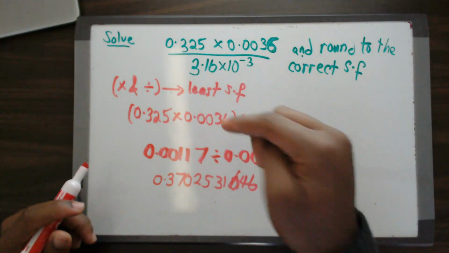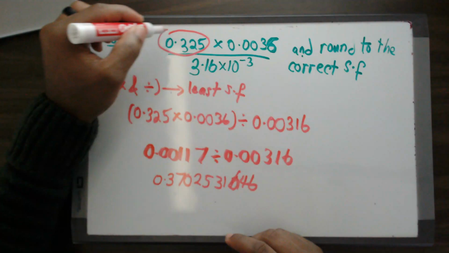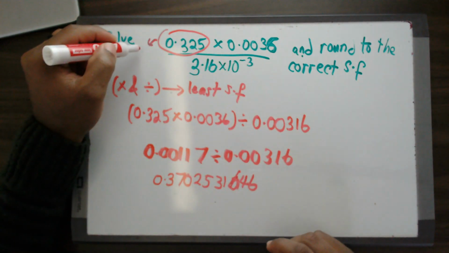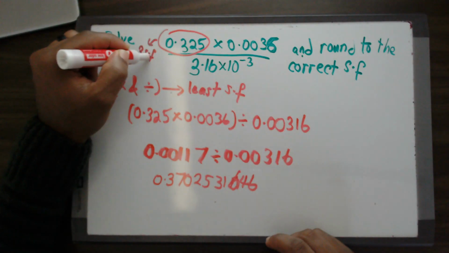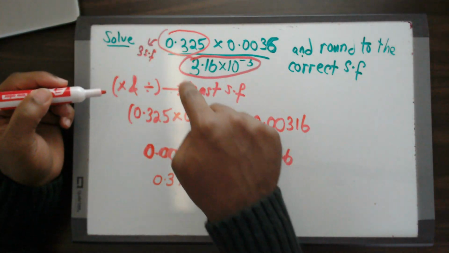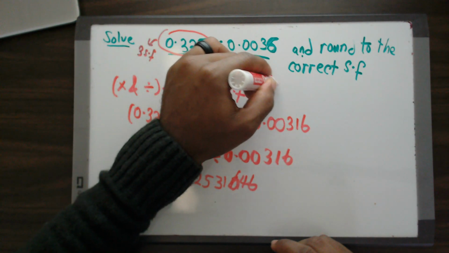Now, once we have this answer, we need to round to the least significant figures given in the question. This number here has how many significant figures? 325, which in this case is 3 sig figs. For this part, we are given 316, which is 3 sig figs.